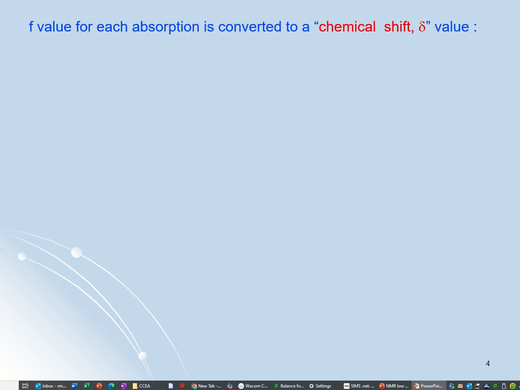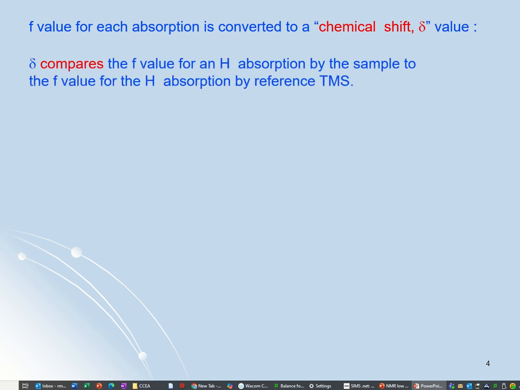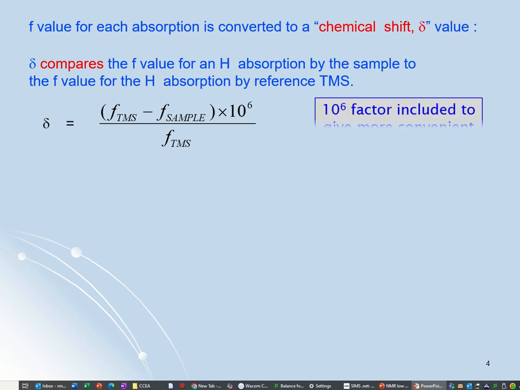And every chemical shift value is compared to a standard reference. If you remember when you did electrode potentials, you compared everything to the standard hydrogen electrode. When you did masses, you compared everything to 1/12 of the mass of a carbon 12 atom. Well, here we compare everything to a compound called TMS, which is tetramethylsilane.